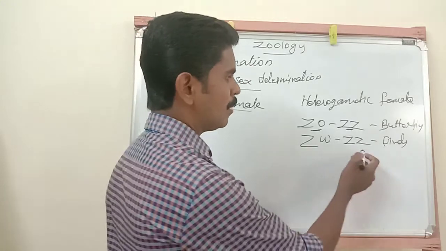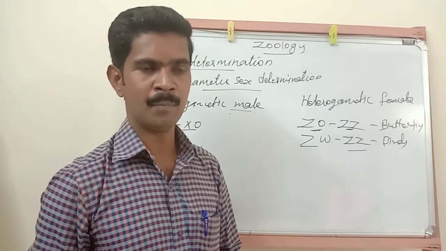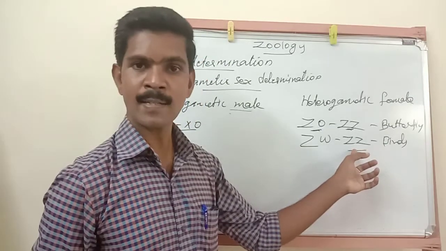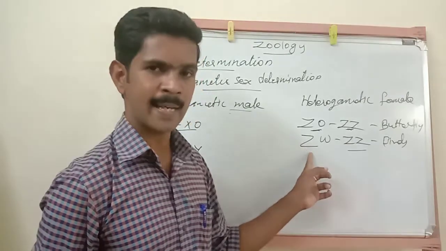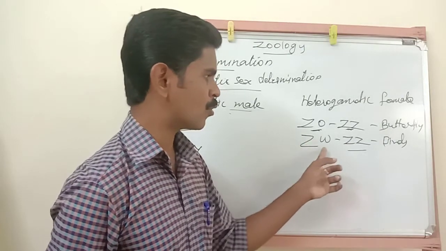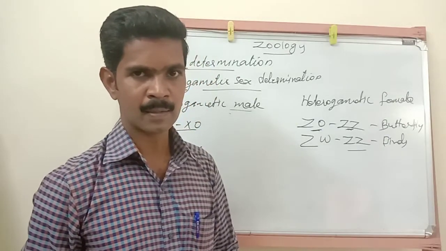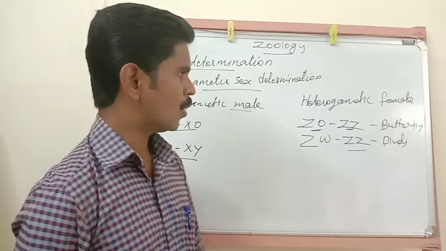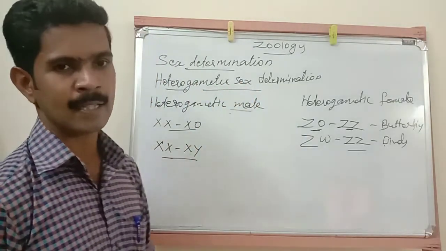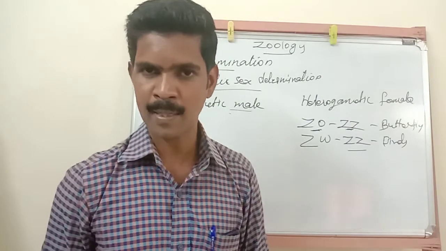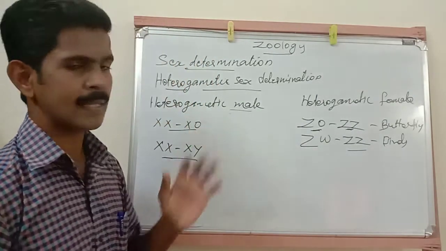Here also the male produces only one type of sperm, carrying one Z chromosome. But the female produces two types of eggs, one carrying a Z chromosome and another carrying a W chromosome. Understand? So these two are the important types of heterogametic sex determination. Hope you understood this.